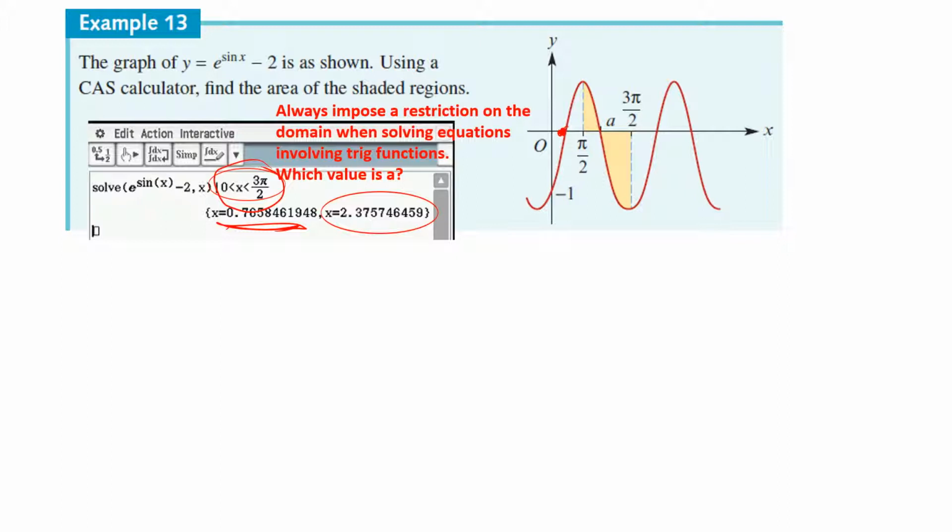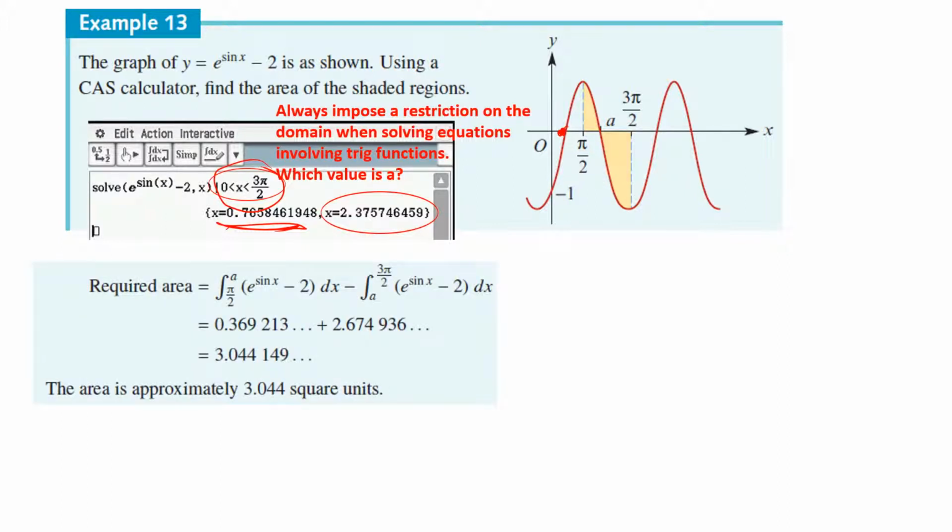There's my value greater than pi on 2, greater than 1.5, less than 3 pi on 2. Okay, then I can set up my integrals. Interestingly, it doesn't say to 3 decimal places, but that's what the answer here is providing.